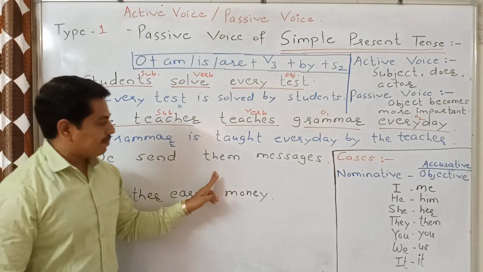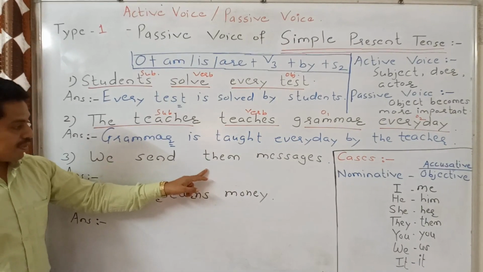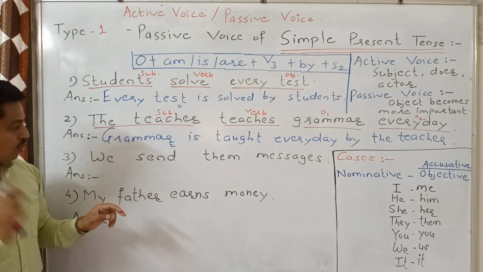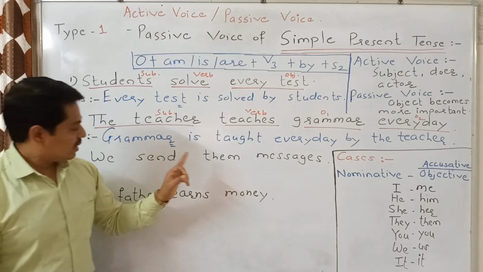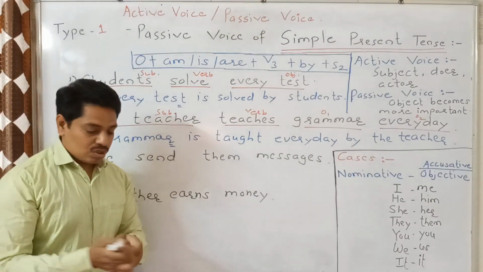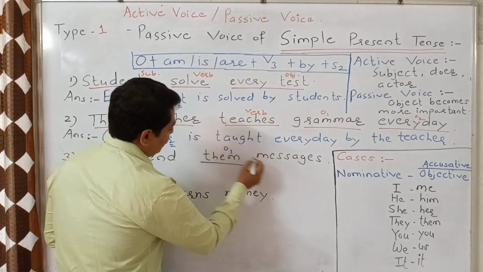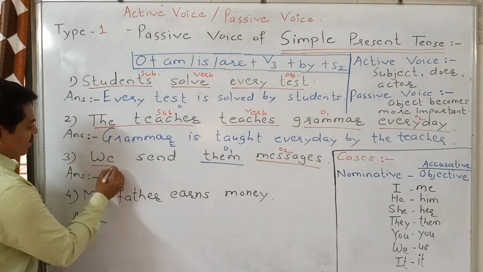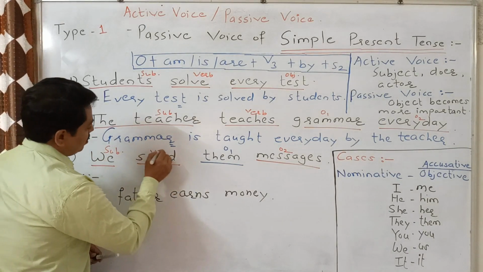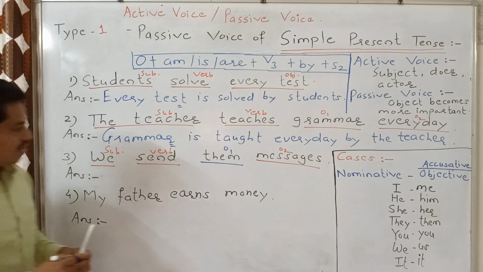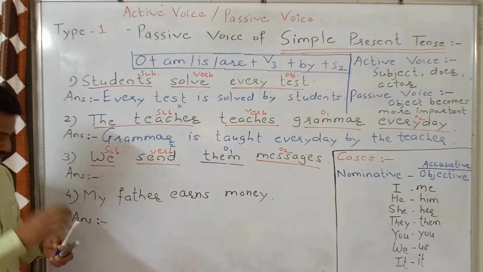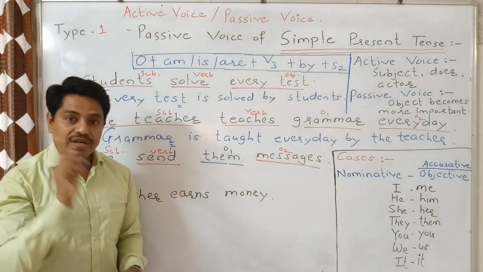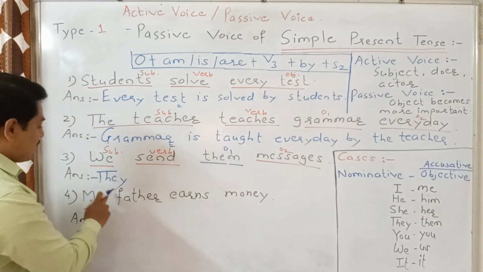Then: We send them messages. Now, to whom do we send messages? To them. So them is object number 1, messages is object number 2, and we is the subject, send is the verb. Here them will convert into they, because subjects are always written in the nominative, that's why they.